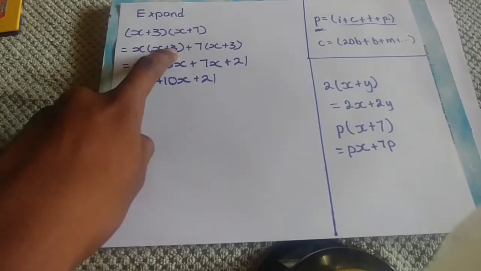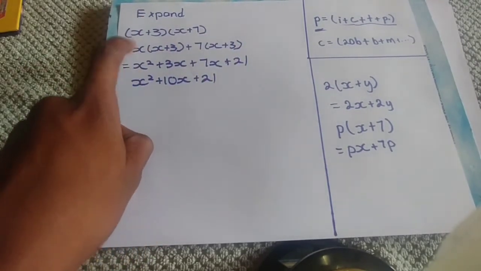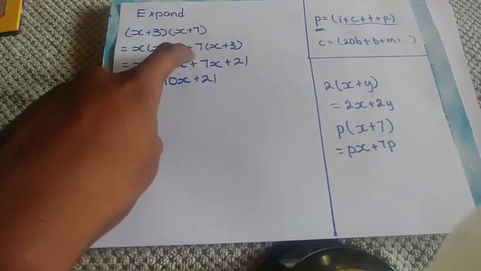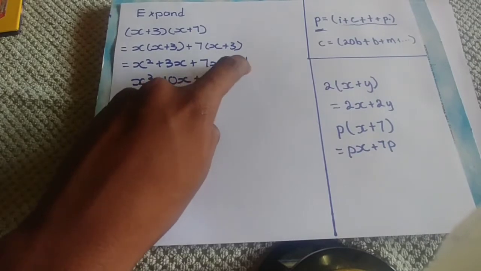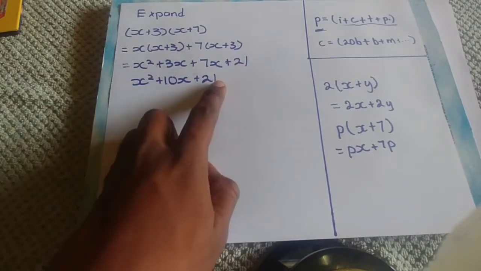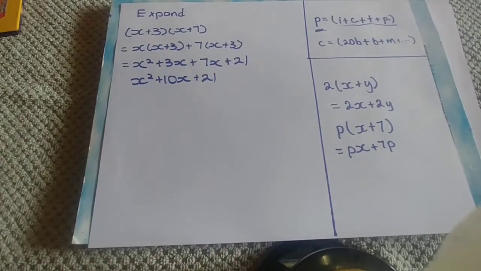So x by x plus 3 is x times x, x squared, and x times 3 is 3x, and 7 times x is 7x, 7 times 3 is 21. And then when you simplify the like terms, we get this. So these are the different ways that you can do binomial expansion, but it's up to you to choose the one that you prefer the most.